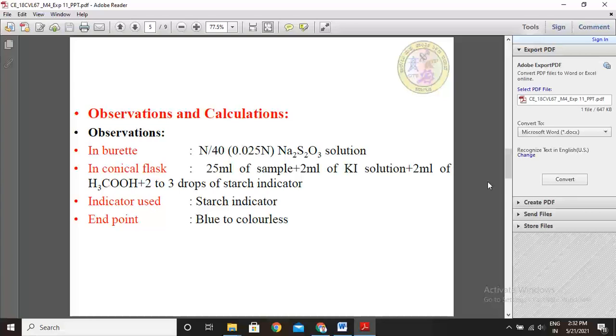In the conical flask, 25 ml of sample plus 2 ml of KI solution plus 2 ml of glacial acetic acid plus 2 to 3 drops of starch indicator are filled. Then the starch indicator is used. At the end point, which change do we get? Blue to colorless. So these are the observations.